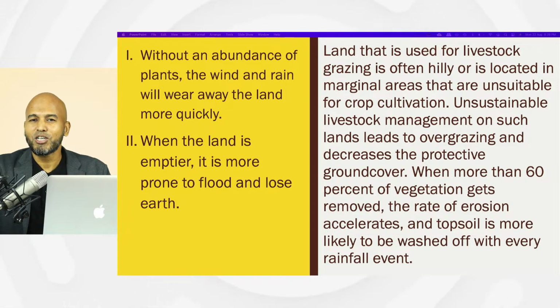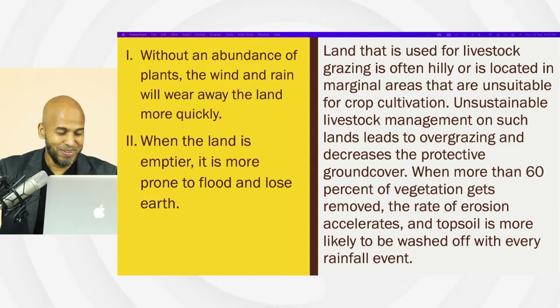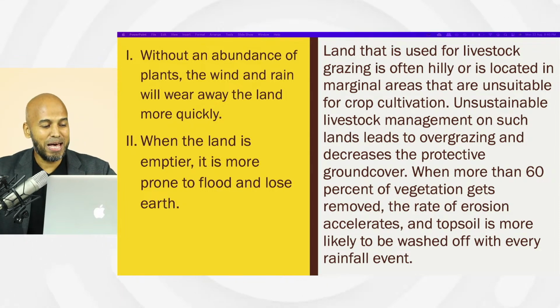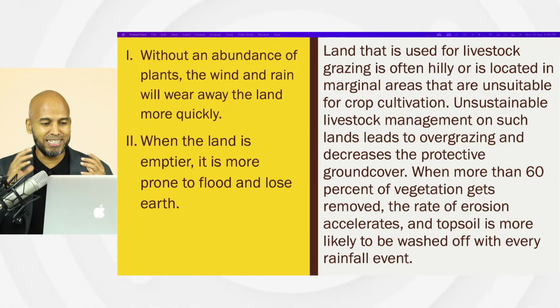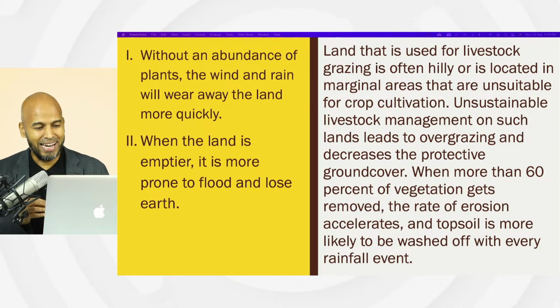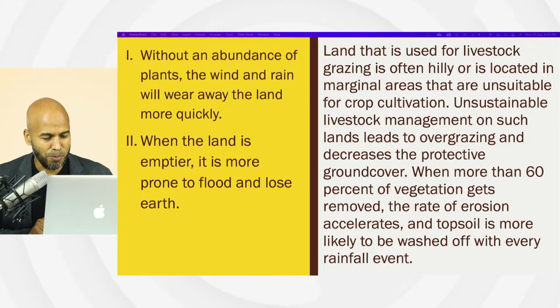Yes. Congratulations to those who have written answer number 1. Yes, it's answer number 1. Why? Without an abundance of plants, land that is used for livestock grazing is often hilly or is located in marginal areas that are unsuitable for crop cultivation.